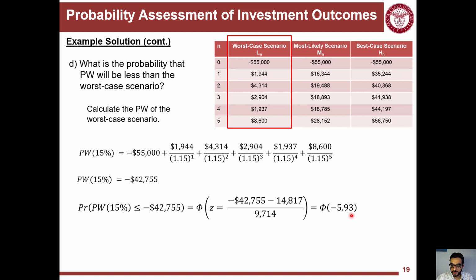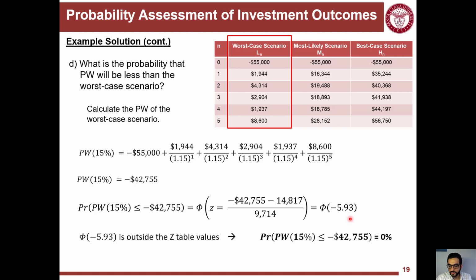So z here is a negative value, but if you remember, the tables only cover from negative 3 standard deviations to positive 3. Now negative 5.93 is beyond the limits of the table, but remember the probability to the left of a very far away negative value is at the tail of the probability distribution.